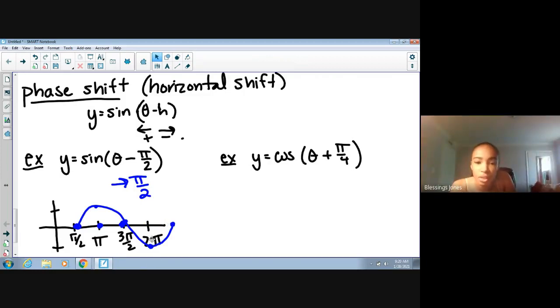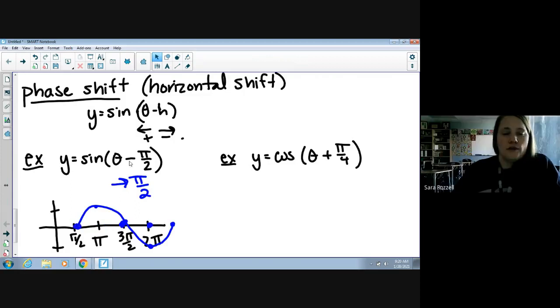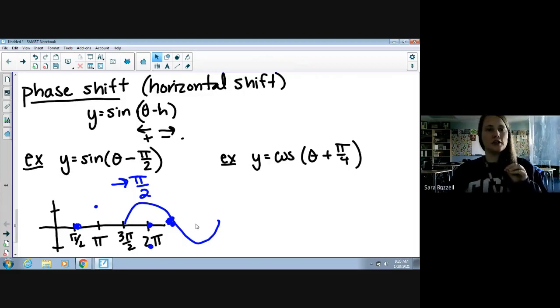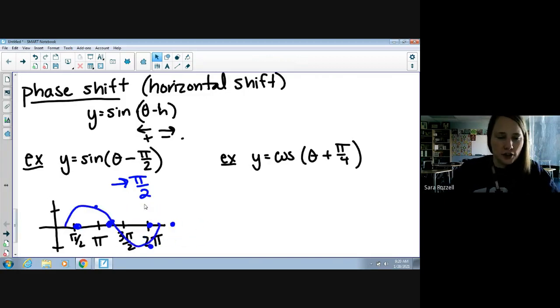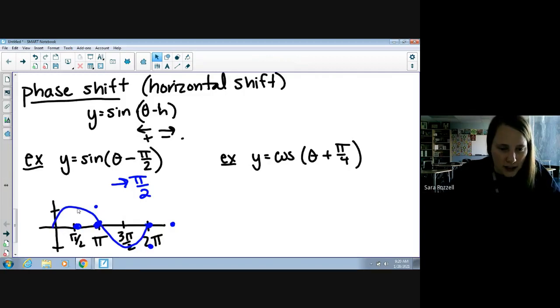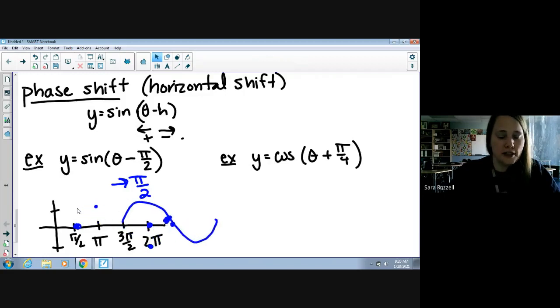So I have a question. If it was like theta minus 3 pi over 2, would you take those 3 points? If you would do minus 3 pi over 2, you would take your graph. You're going over 1, 2, 3 pi over 2. And that's where it's going to start. And you have to think about it because the graphs that you're going to see are going to be drawn all the way throughout. So you just have to look and say, okay, that's where it would normally start. But now that section has got to be here for pi over 2. Or if it was 3 pi over 2, it's got to be right there.